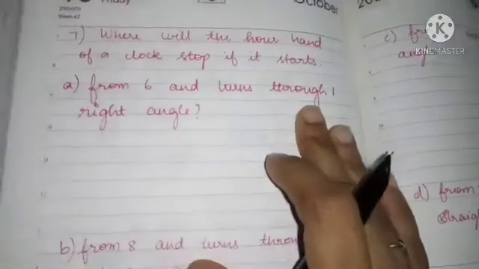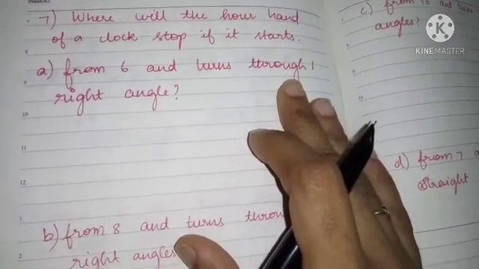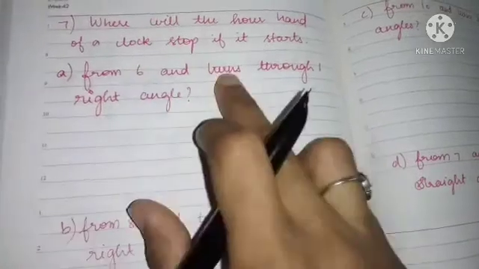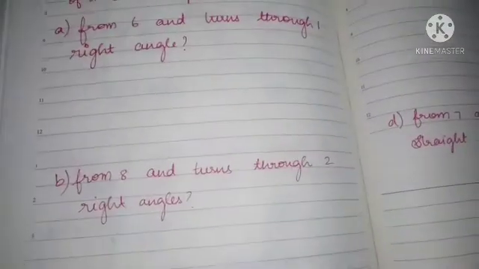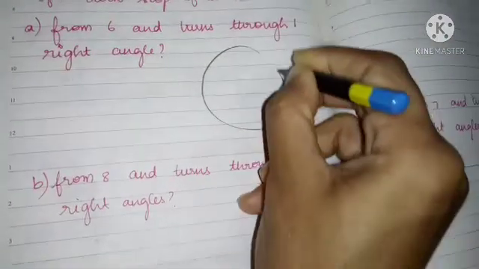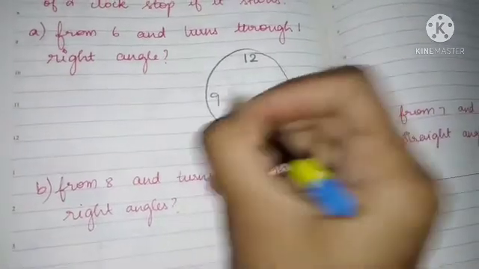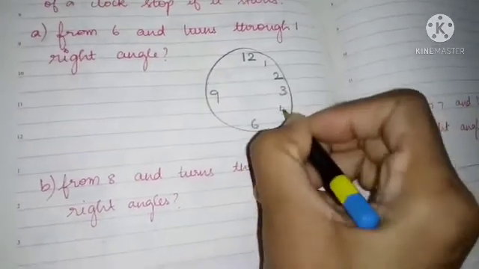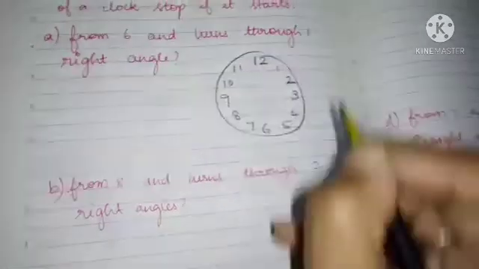Next, 7th problem. Where will the hour hand of a clock stop if it starts from 6 and turns through one right angle? So, we should draw a clock. 12, 3, 6, 9, 1, 2, 4, 5, 7, 8, 10, 11.